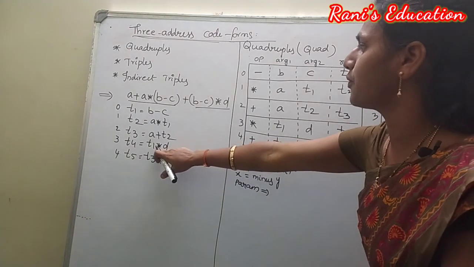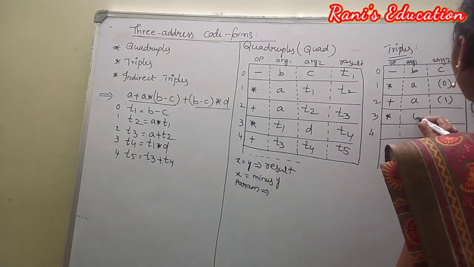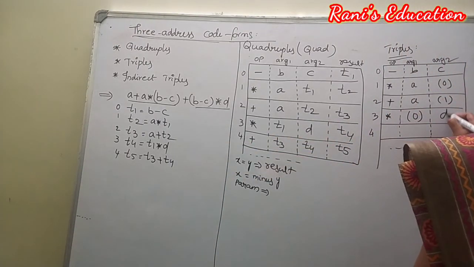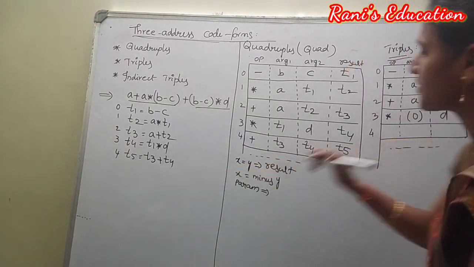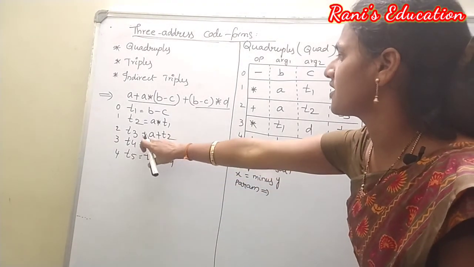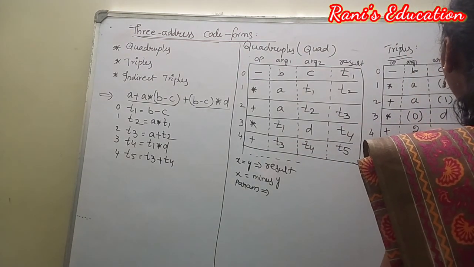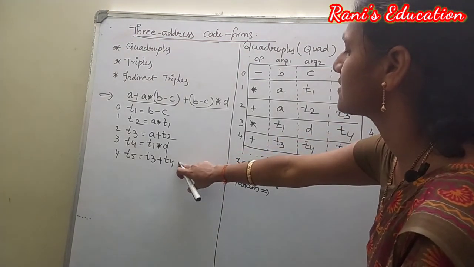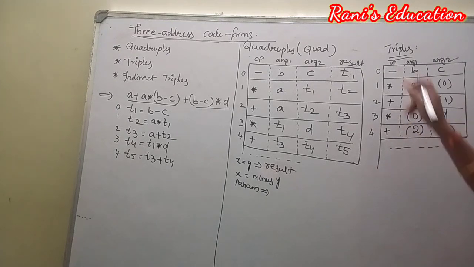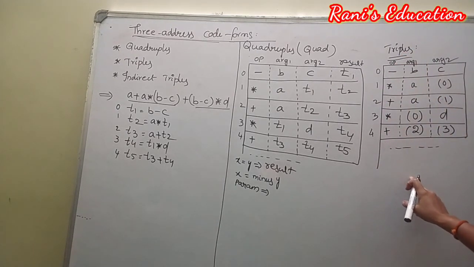Here T1 position is 0 and right is D. Last instruction, plus. T3 position is 2 and right is T4 whose position number is 3. This is how we are going to construct triples.